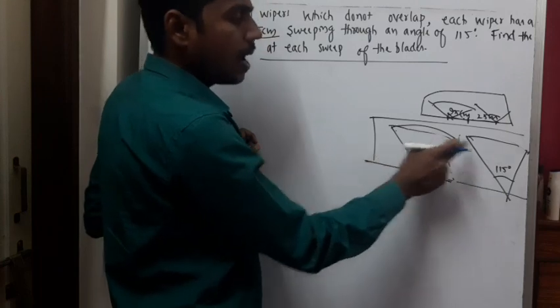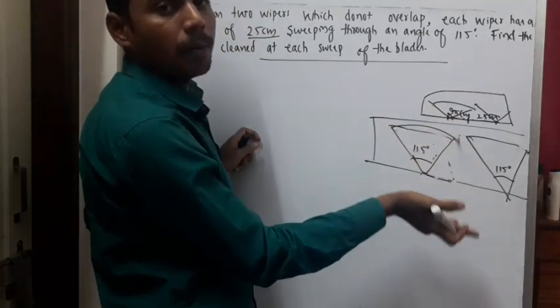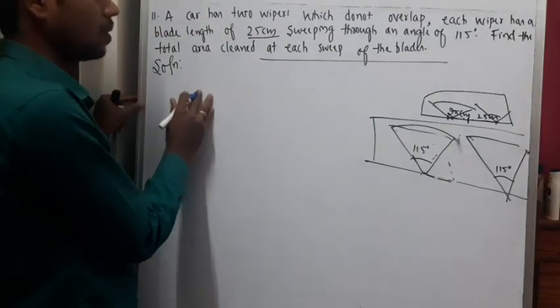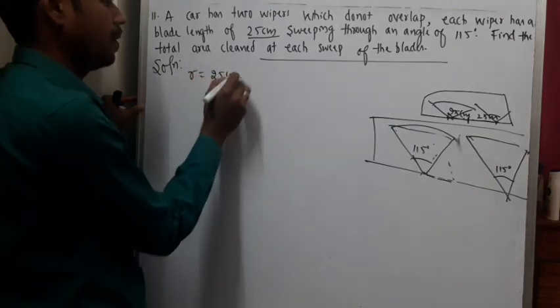Now the area of these two sectors will be equal to the area swept by both the blades. Understood? Now what is the radius? Radius is 25 centimeter. Fine.